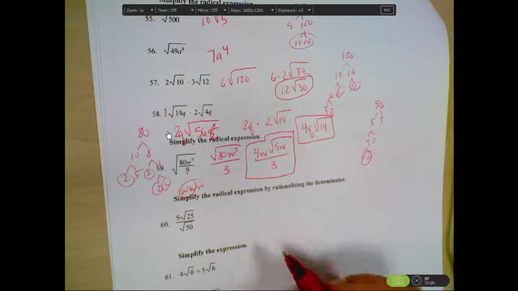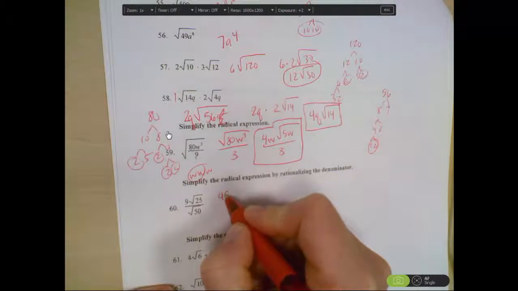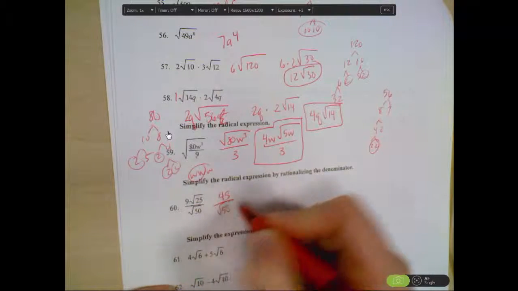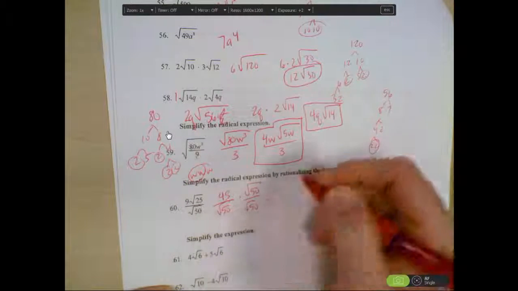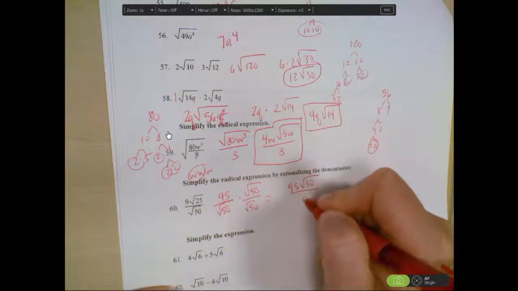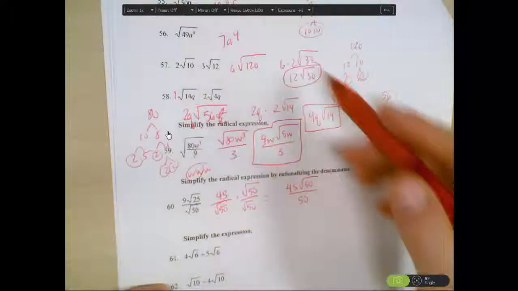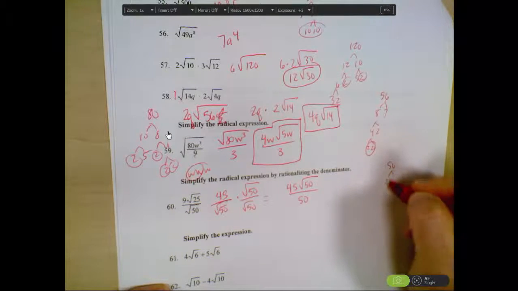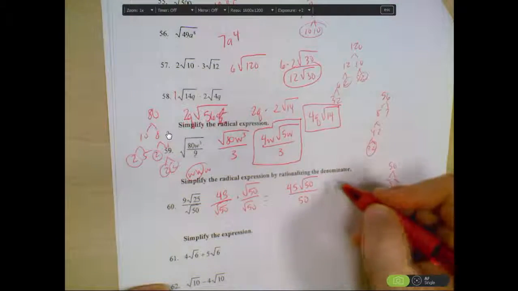Square root of 25 is 5, so this is 45 divided by root 50. I'm going to multiply by root 50 over root 50. Rationalize the denominator. So I get 45 root 50 over 50, but root 50, didn't we already do that somewhere? I guess not. Root 50 breaks down into 25 and 2, so it's 5 root 2.